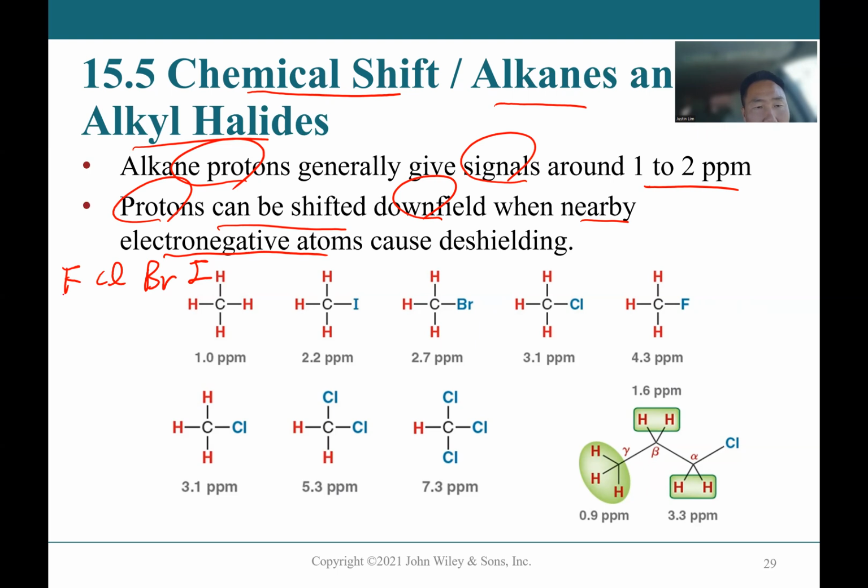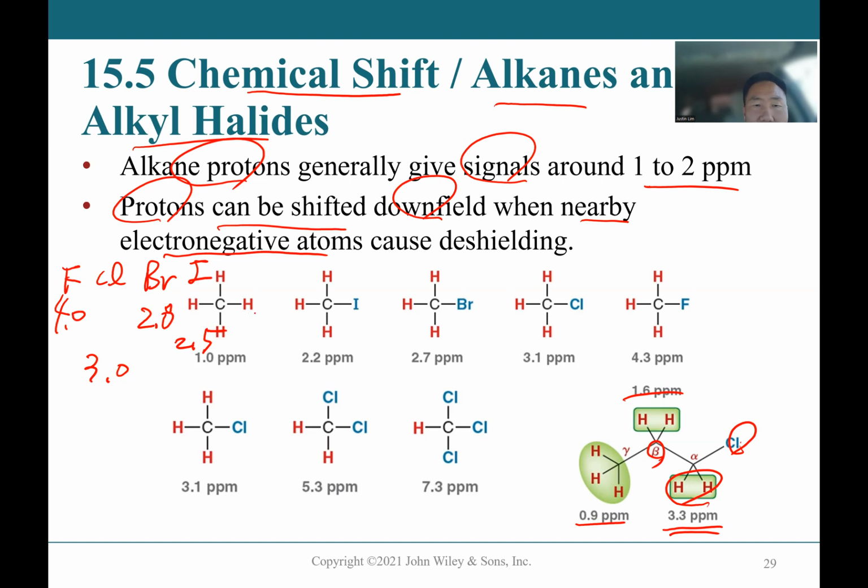Electronegativity values 4.0, 3.0, 2.8, 2.5. So when you see an electronegative atom, the next alpha proton, we can see deshielded proton in downfield. You can see 3.3 ppm. Beta proton 1.6 ppm. Gamma proton 0.9 ppm.